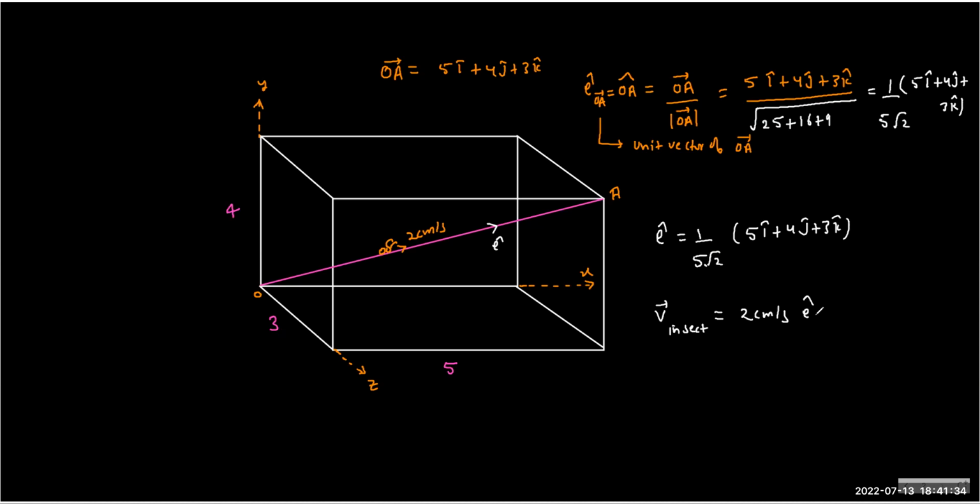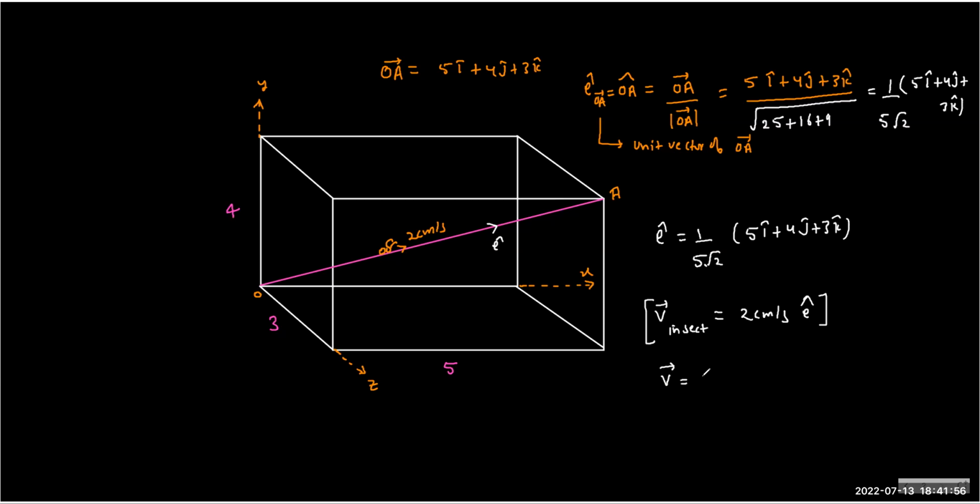Similarly, the way we used to write i cap, j cap, and k cap, now my unit vector in the given direction is e cap. So multiplying with e cap will give me a vector notation. So this is how we express a number in proper vector notation.